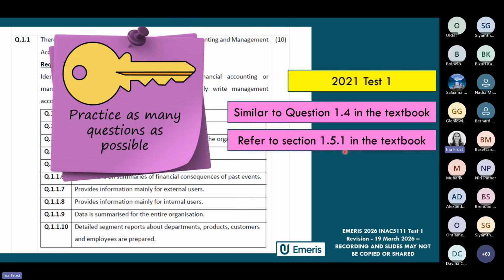Then you can just say, oh, hang on, I've seen something similar in the textbook. Yes, I know what I need to do here. Remember, we said you're first going to practice your textbook examples and questions before you go to the past papers, because that will give you the right foundation before you jump into your past paper questions.